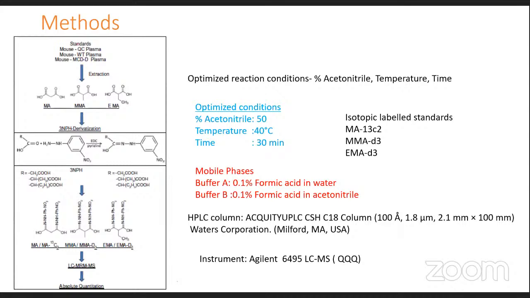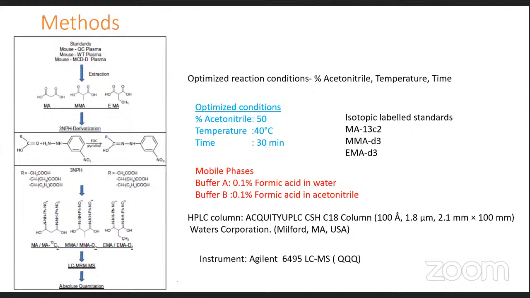And this is the methodology. This is a schematic representation of the reaction where we derivatized malonic acid, methylmalonic acid, and ethylmalonic acid with 3-nitrophenylhydrazine. When 3-nitrophenylhydrazine interacts with the dicarboxylic acids, it converts them into hydrazide derivatives.